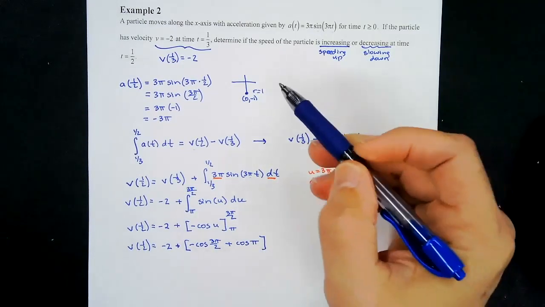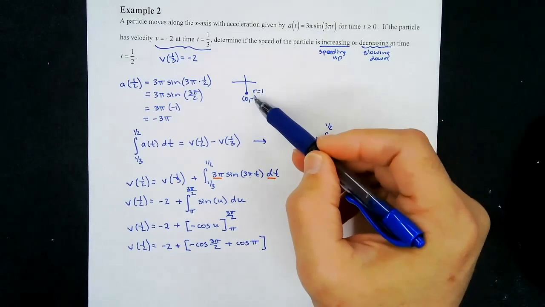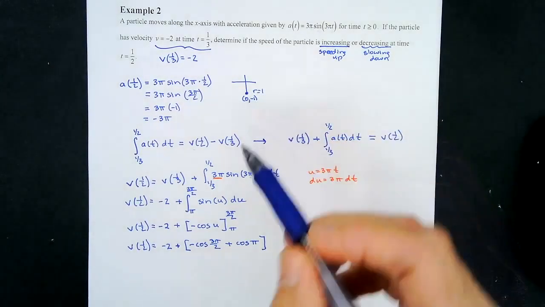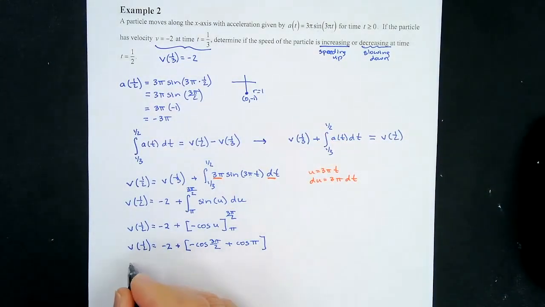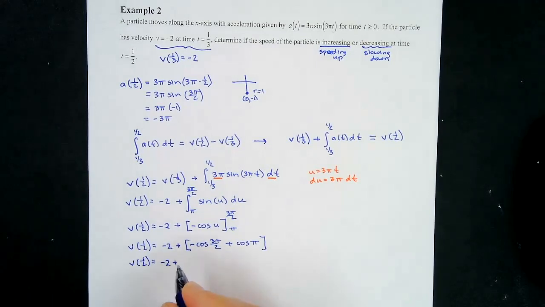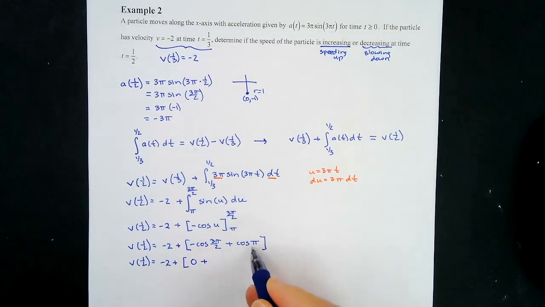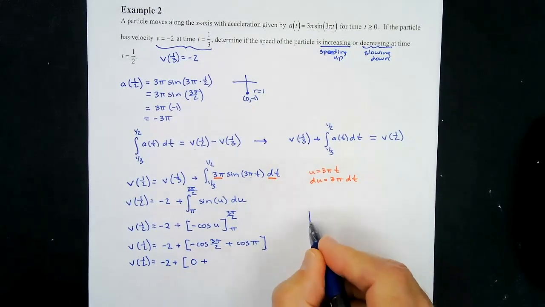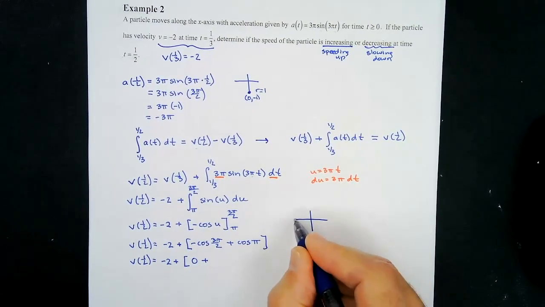Okay, so 3 pi over 2, we can come back up here and use this diagram again. So cosine, this is going to be 0. So v of 1/2 is equal to -2 plus 0 plus, and then cosine of pi. So where's angle pi? Angle pi is on the negative x-axis.